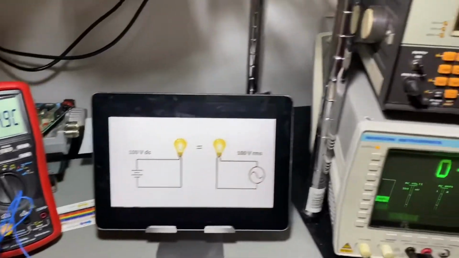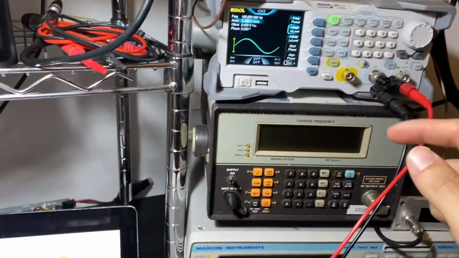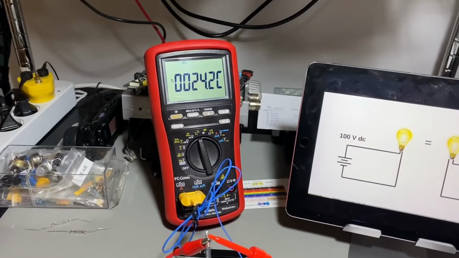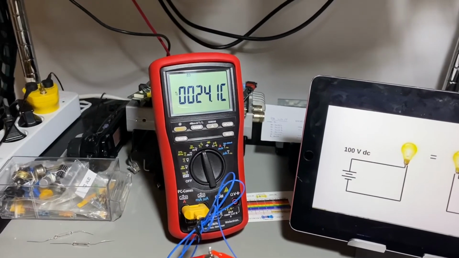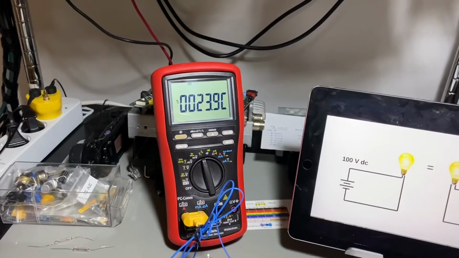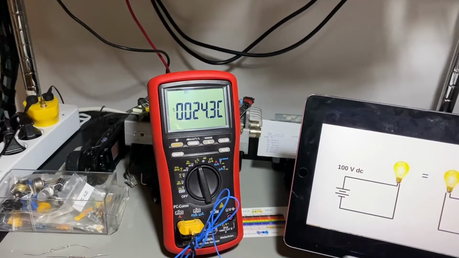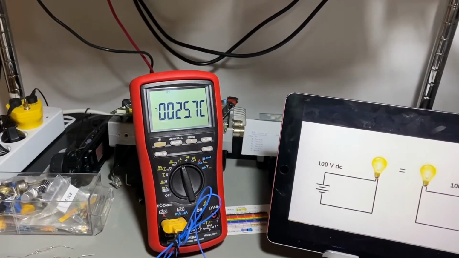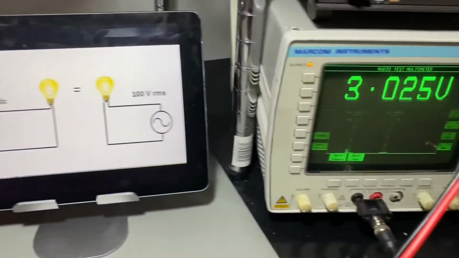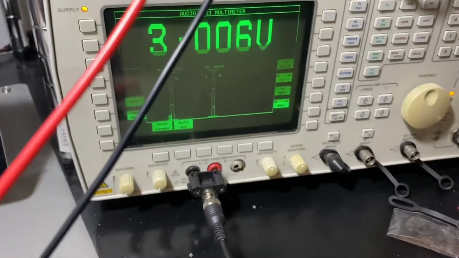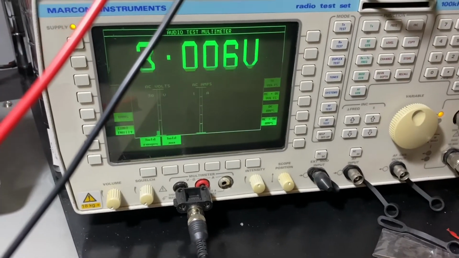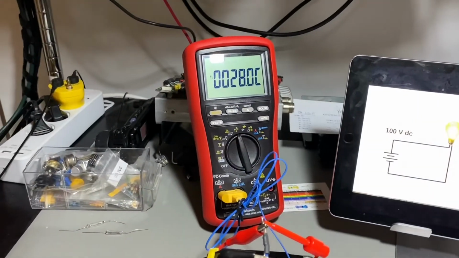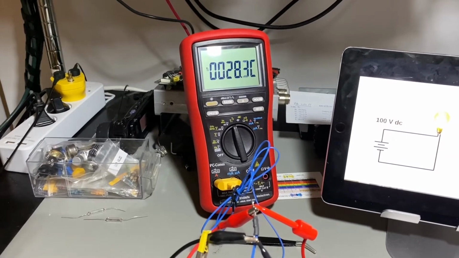Okay, we are now connected to the AC source. The temperature is slowly going down, the resistor is cooling down. So let's switch on the AC source, and let's set the very same voltage, which in this case is the RMS AC voltage. And once again we wait for the temperature to reach its equilibrium.